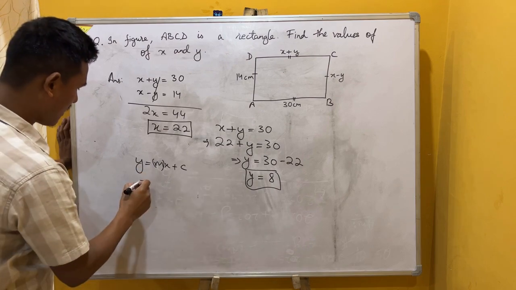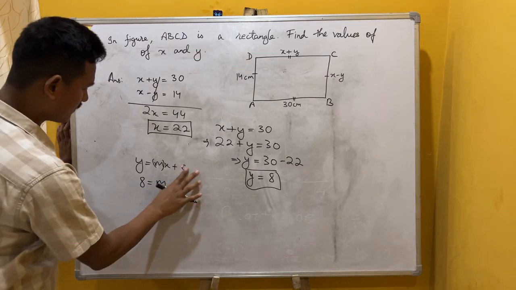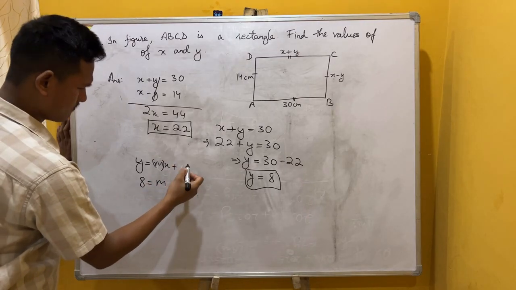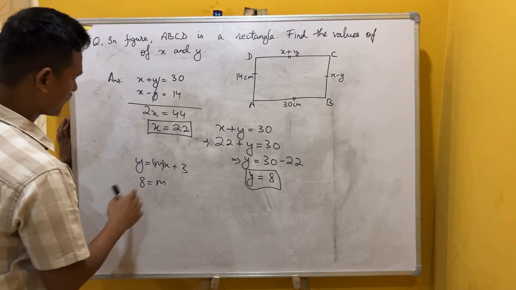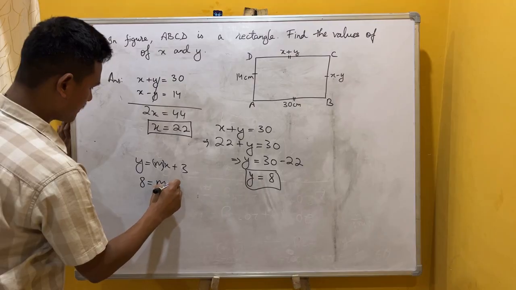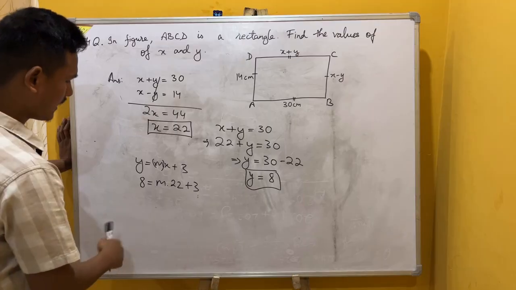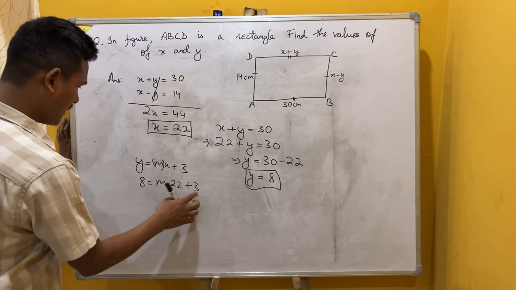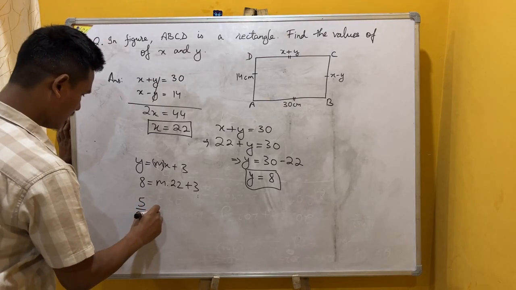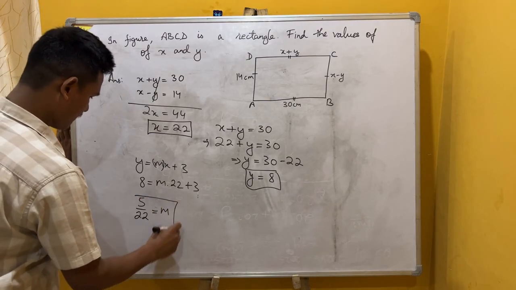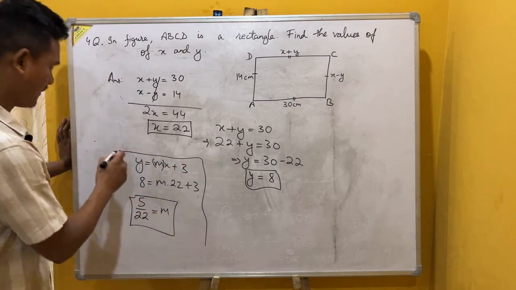For example, y is 8 equals m, which we don't know, times x, which is 22, plus, let's say instead of c there was another number, 3. So you solve it and the answer is 8 minus 3, which is 5, upon 22. This is also a possibility.